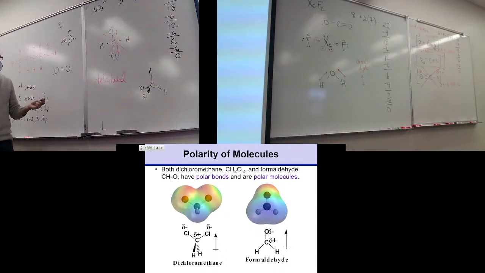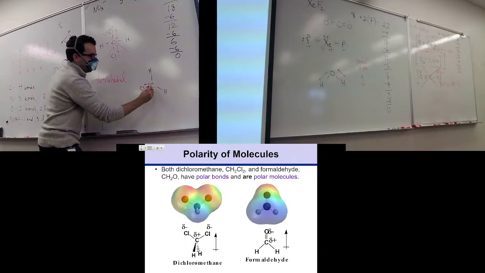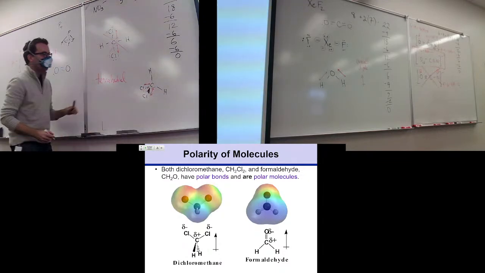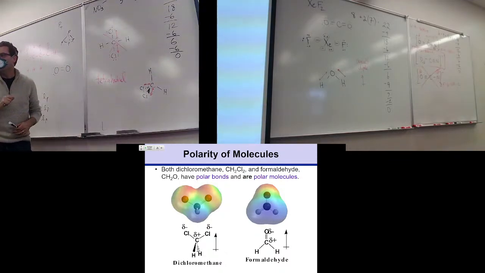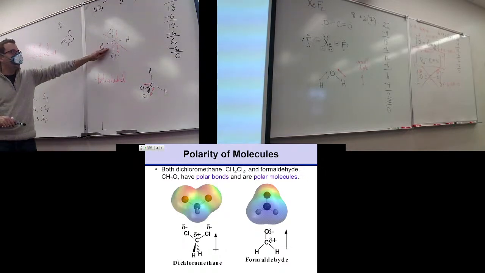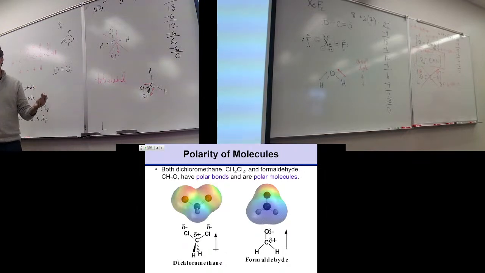But that's what tetrahedral looks like. So I think here it's a lot clearer. You have a dipole moment that way and a dipole moment that way. It's pretty much pointing in that direction overall. That is a polar molecule. So it's not nonpolar, it's polar. And you have to know the shape in order to figure out the polarity.